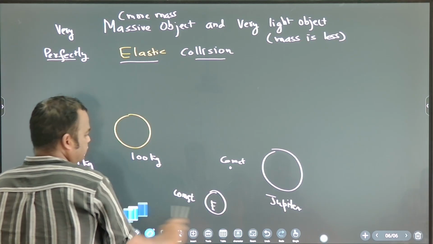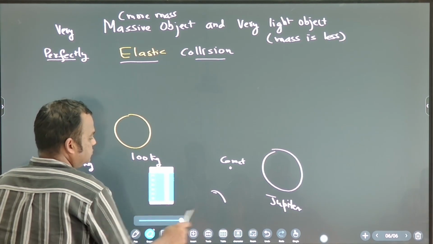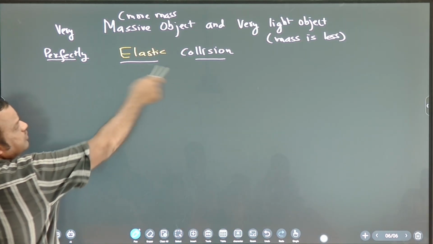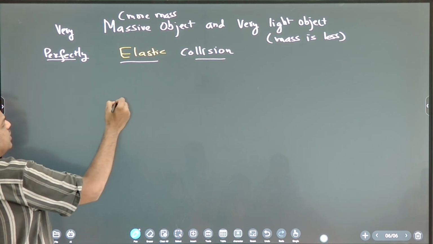So let's do one derivation. What type of collision are we doing? Perfectly elastic. So draw one diagram.